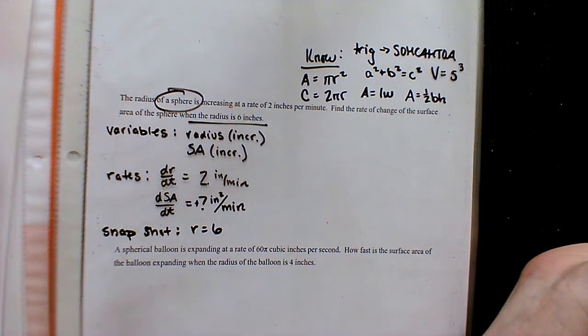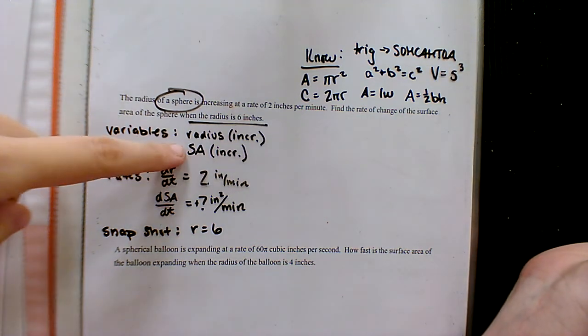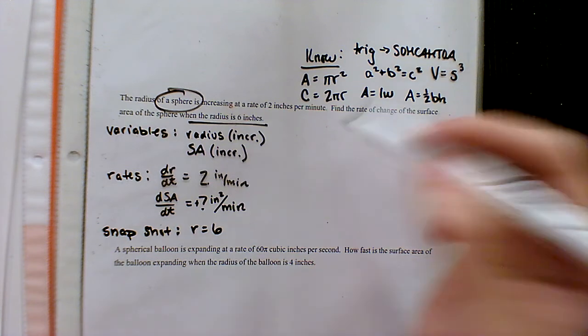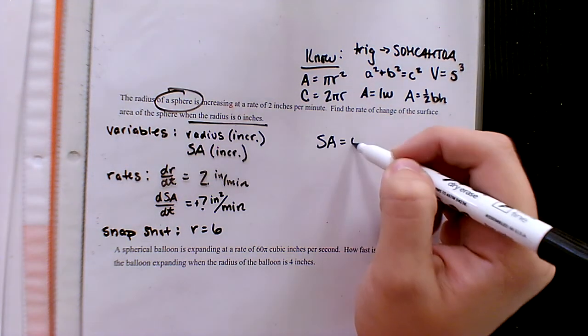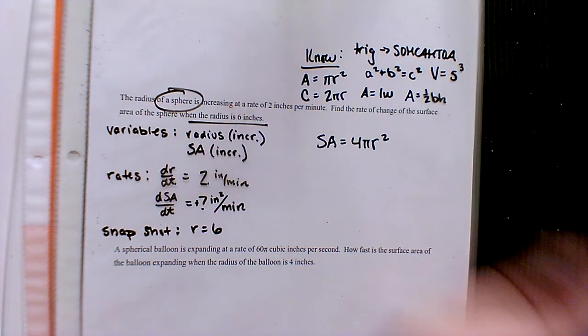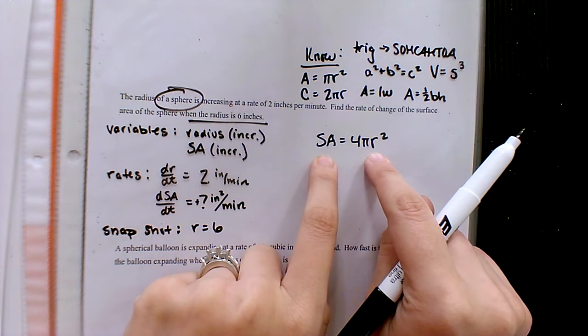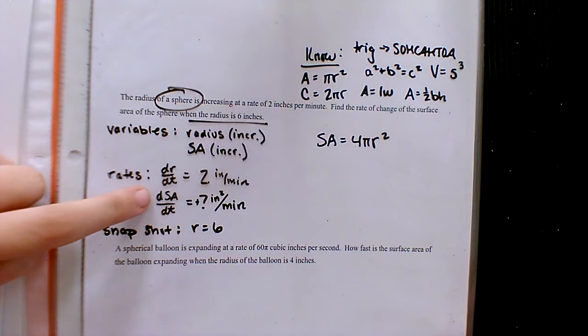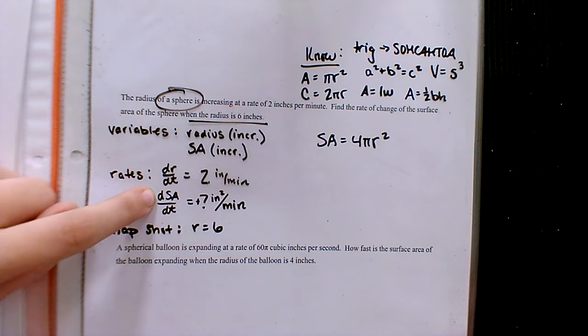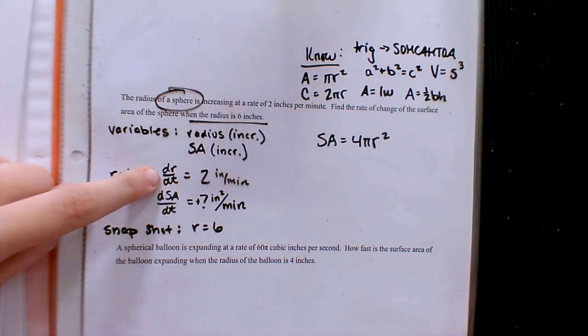So can we find, in this case, an equation for the surface area of a sphere? 4 pi r squared. Okay, before we get derivative happy, we have to make sure that the variables match the rates. We have surface area and radius in our equation, and we have the rate for surface area and the rate for radius listed.